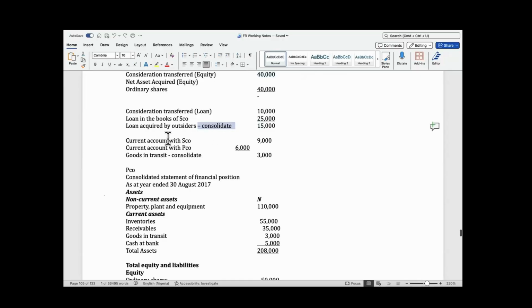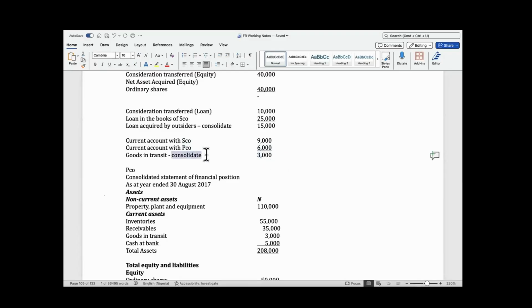I canceled out the current account with ESCO in the books of Pico against the current account with Pico in the books of ESCO.